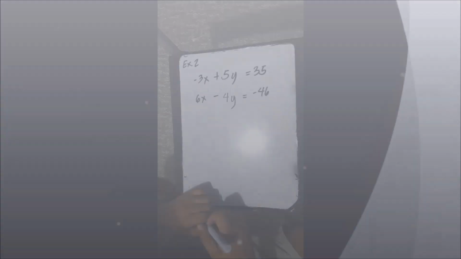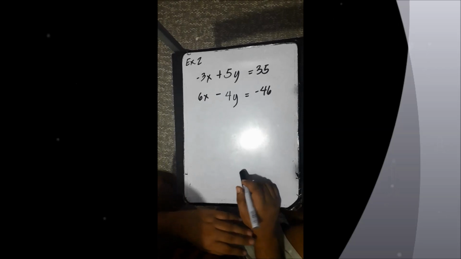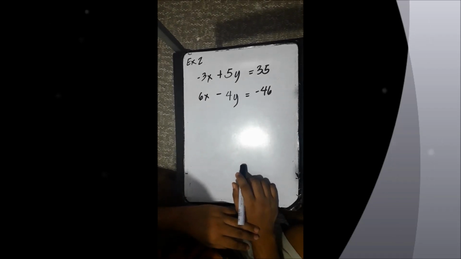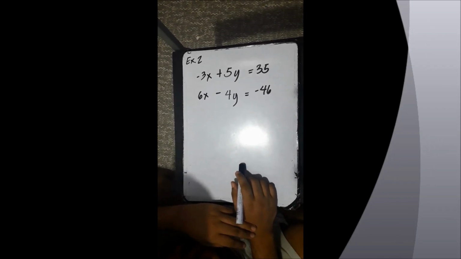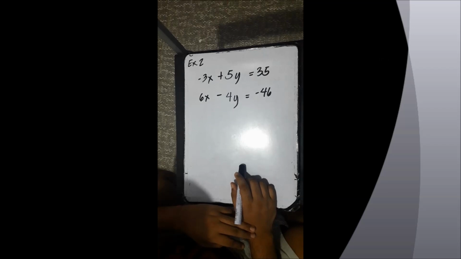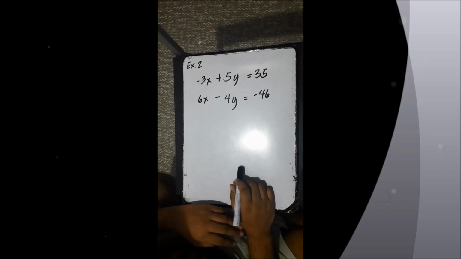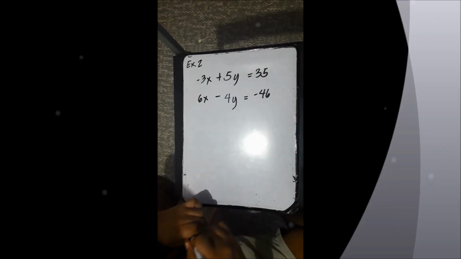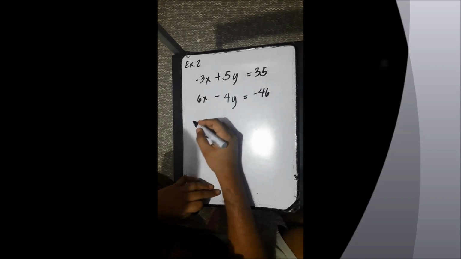Second example, I have here again two equations. Equation 1 has negative 3x plus 5y is equal to 35. And equation 2 has 6x minus 4y is equal to negative 46. So using the same steps, I'll be writing down the coefficients.